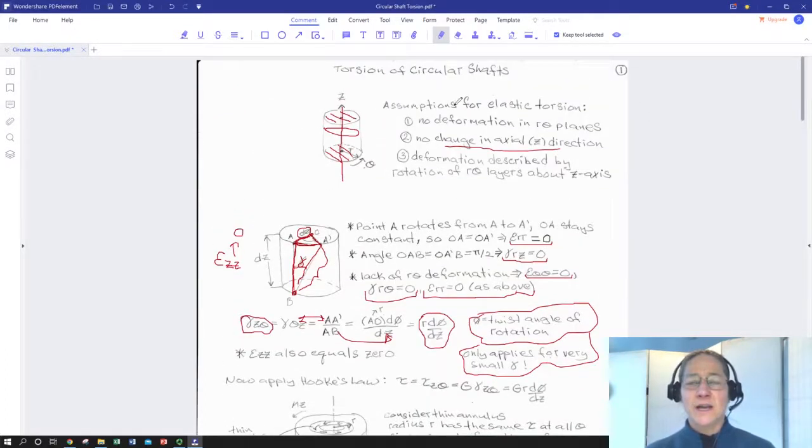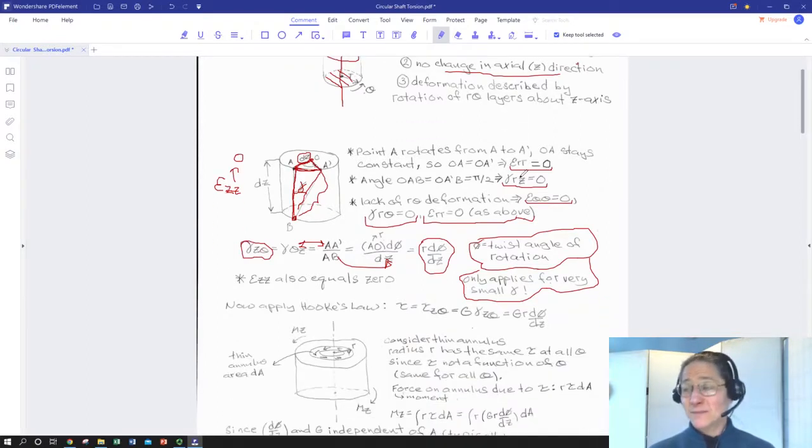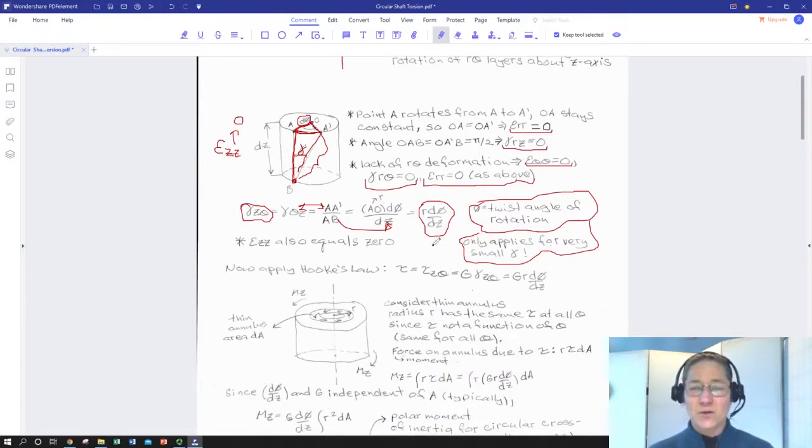We're making a small angle assumption when we say there's no deformation in the r theta plane, because if we twist it enough, we might start buckling. Same thing with the z direction. So almost every assumption we've made that has given us this great simple expression has been predicated on this only being true for small angles.